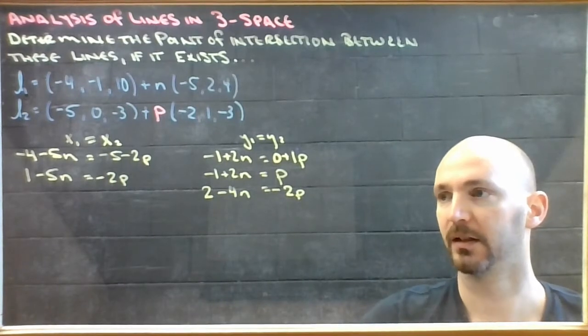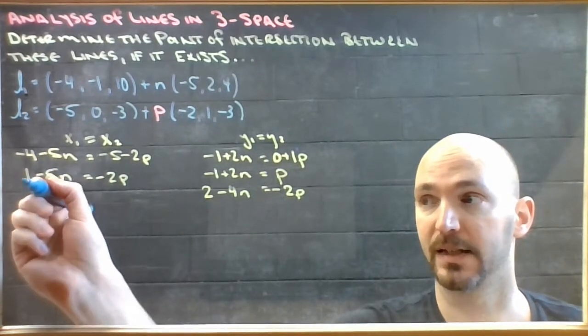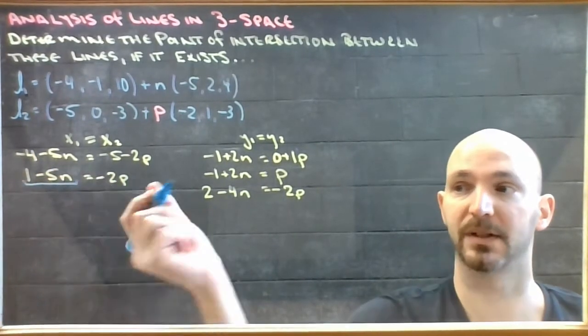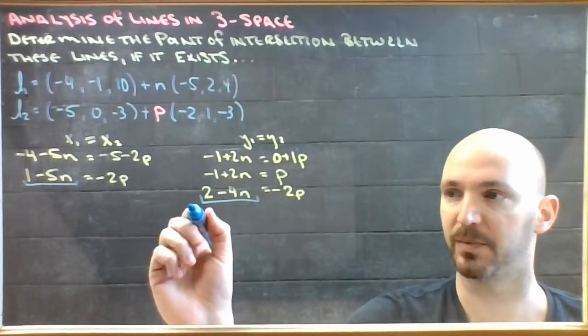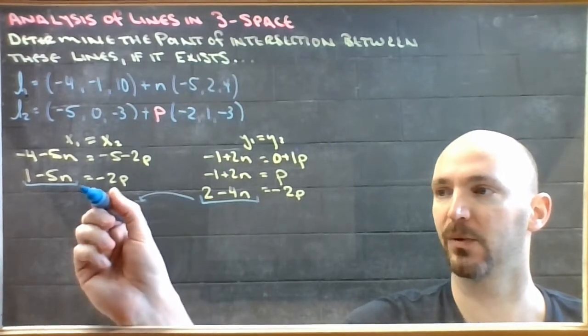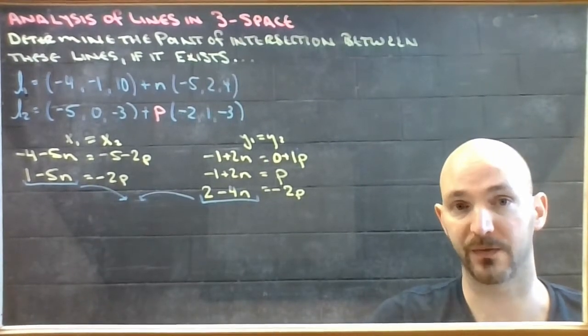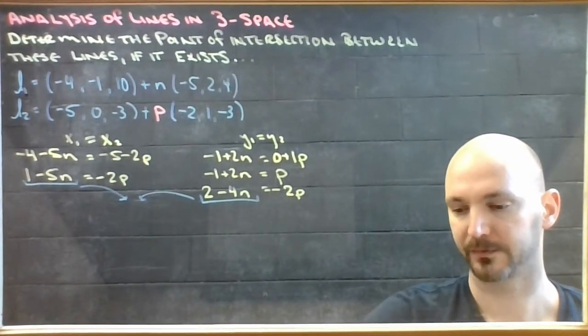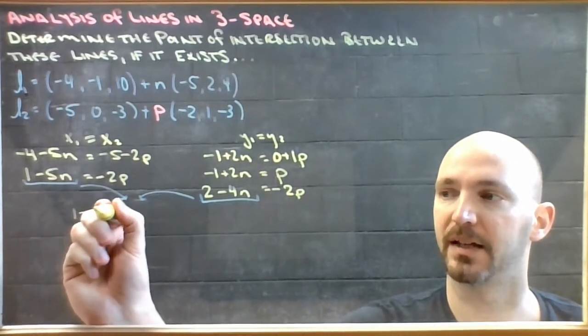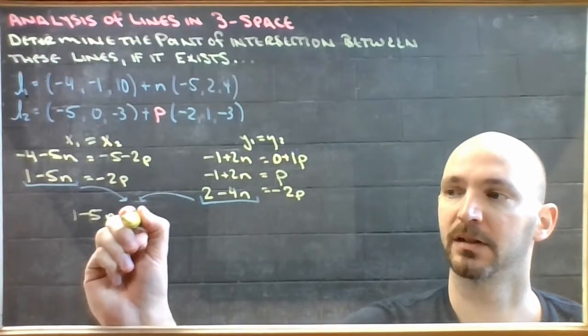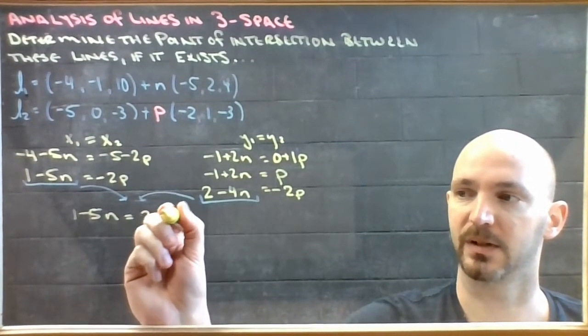Alright. Now, the trick here is if this thing is equal to -2p's and this thing is equal to -2p's, then I should be able to equate them in order to find the value of n. So if I do that, 1 minus 5n equals 2 -4n.